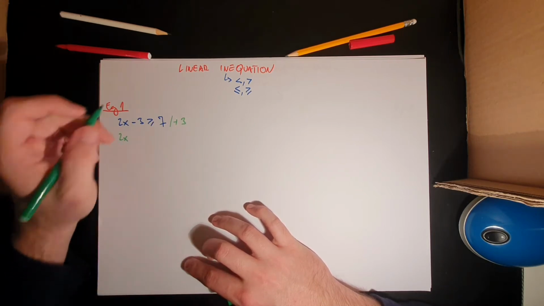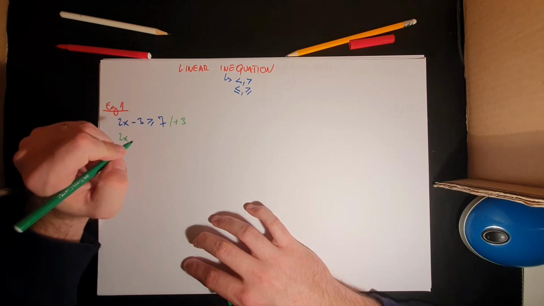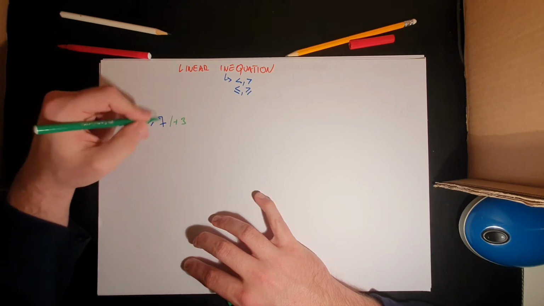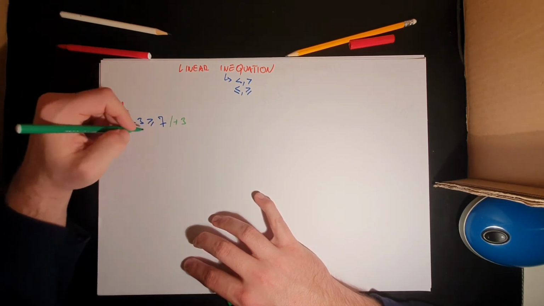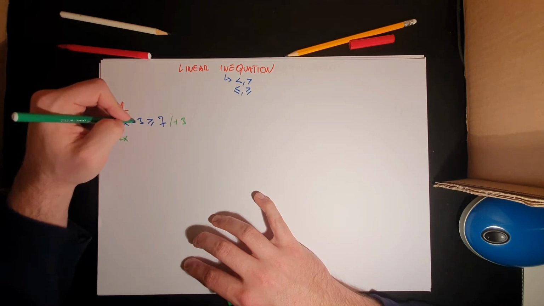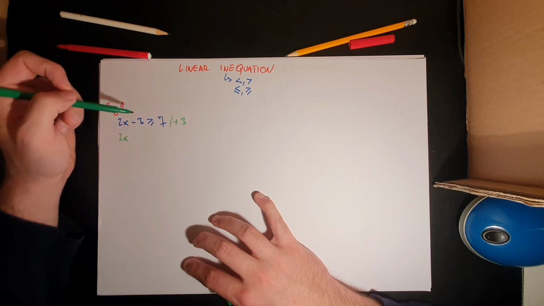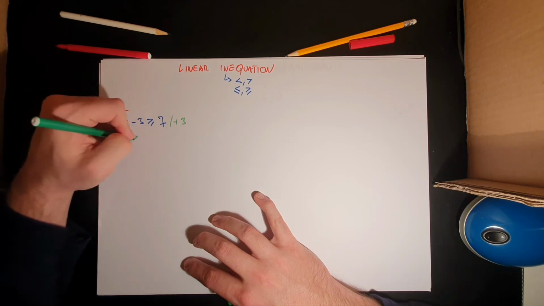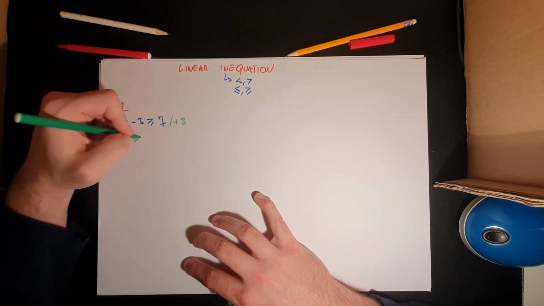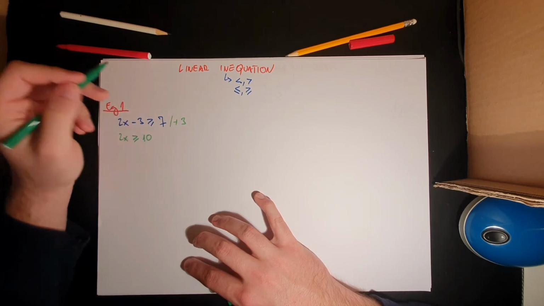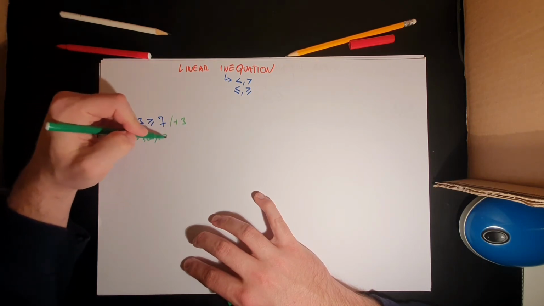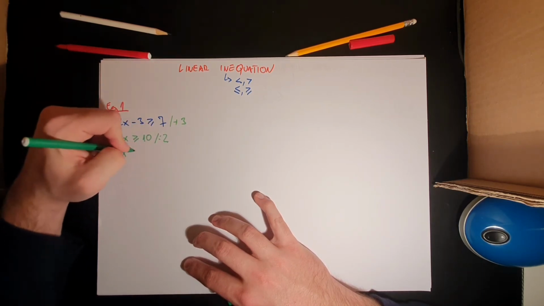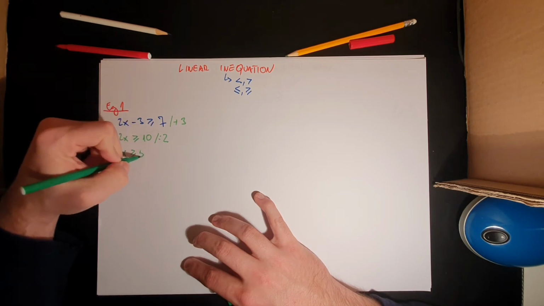In this case we just add 3 to both sides. On the left side, minus 3 and plus 3 cancel each other out, and on the right side 7 plus 3 equals 10. One last step: we divide by 2 to get that x is greater or equal to 5.